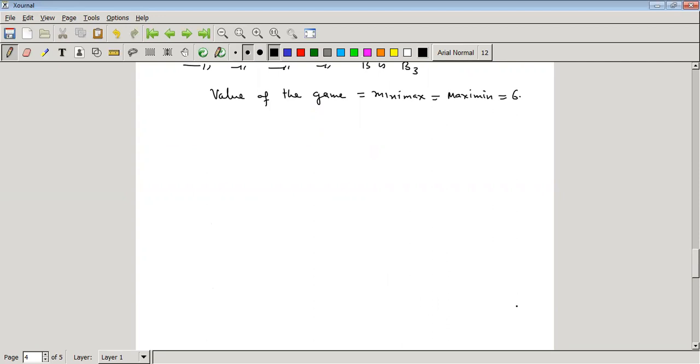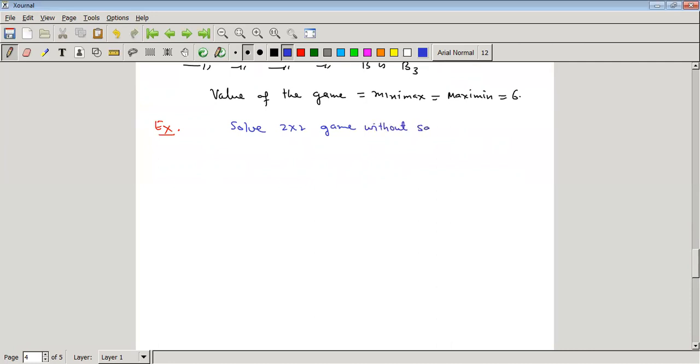Okay. So let us discuss one more example, where we see how we can find the value of the game if there is no saddle point. So next example, let us take: solve a 2x2 game without saddle point.